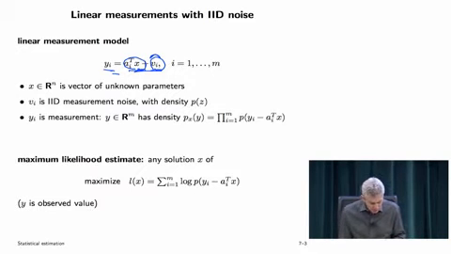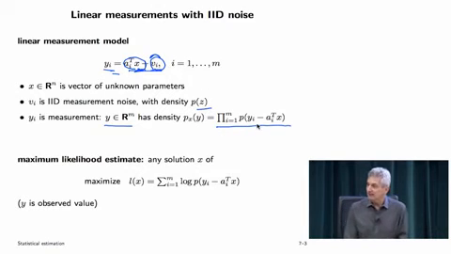Okay, now, what you do here is, I'm going to assume that the v_i are IID with some density p(z). If the parameter has the value x, then the density of y is this, right?